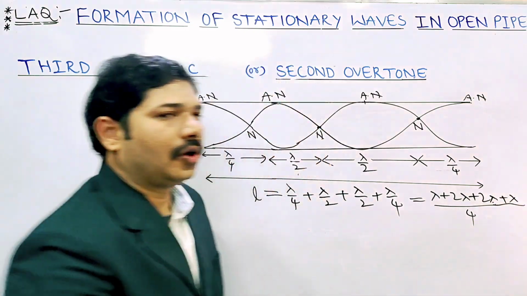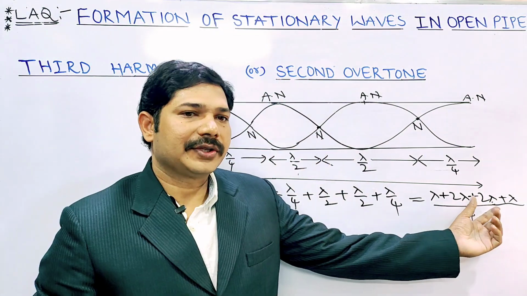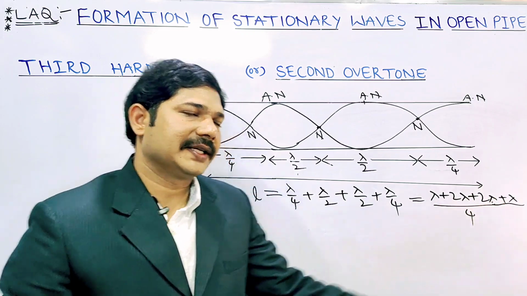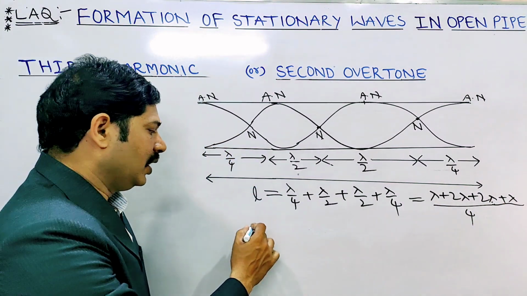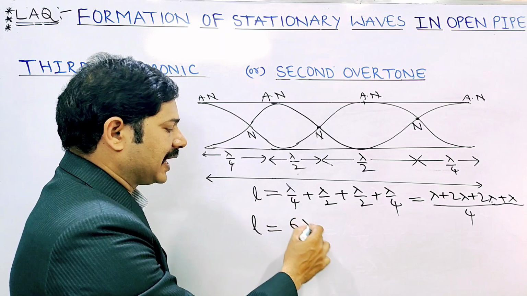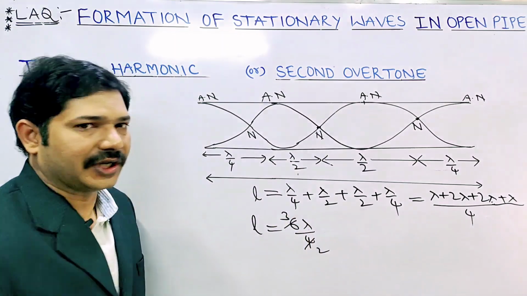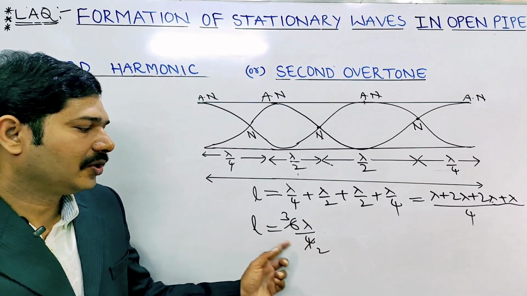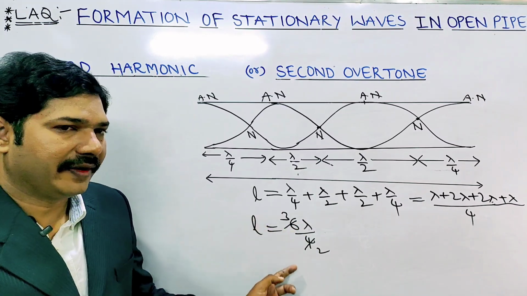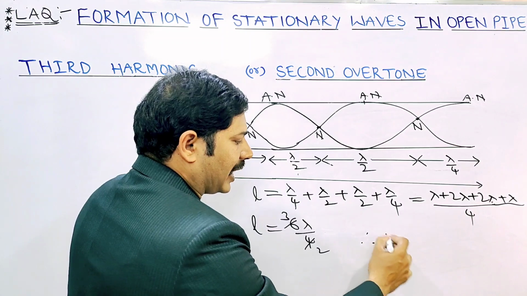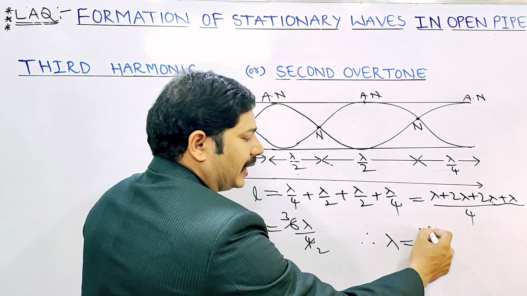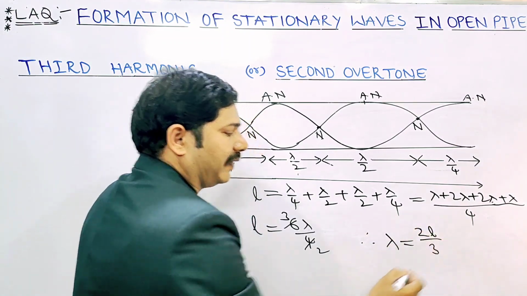Total how much? 6 lambda by 4. Twos are a 2, twos are a 3. Therefore, lambda equal to 2L divided by 3 we got.